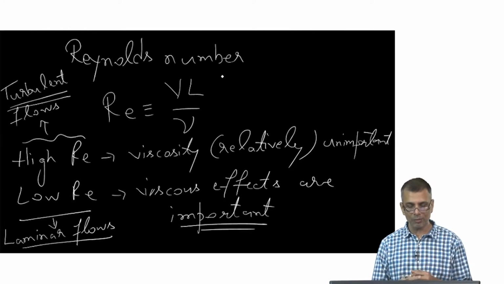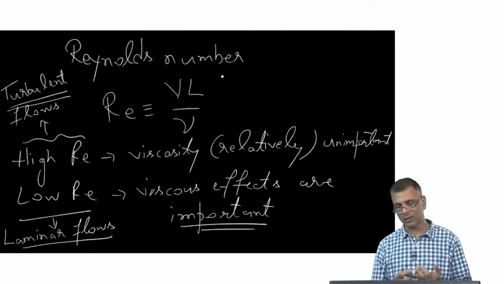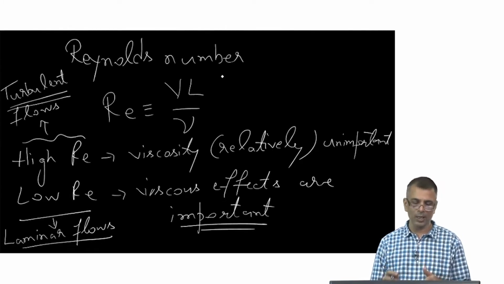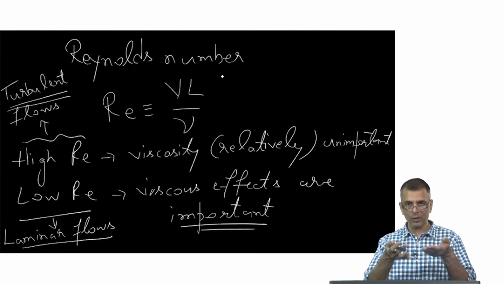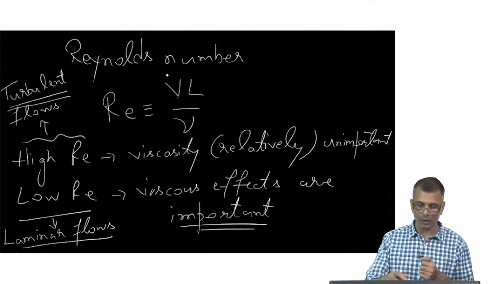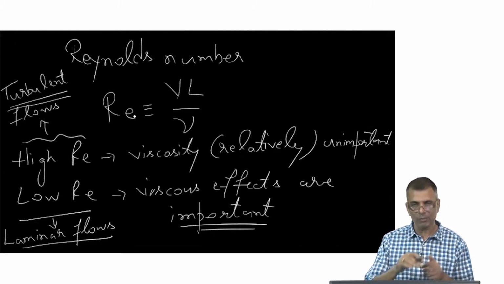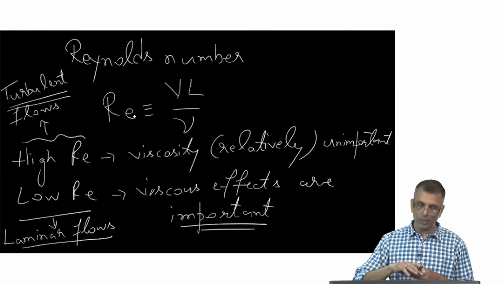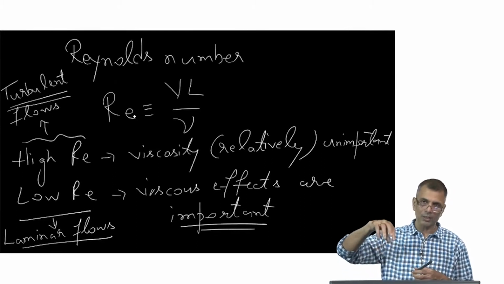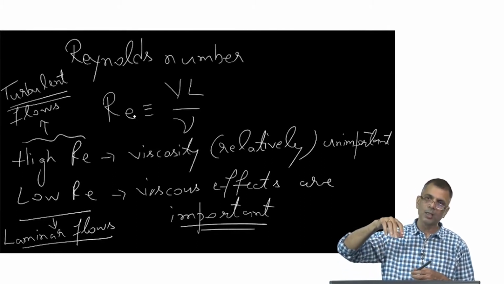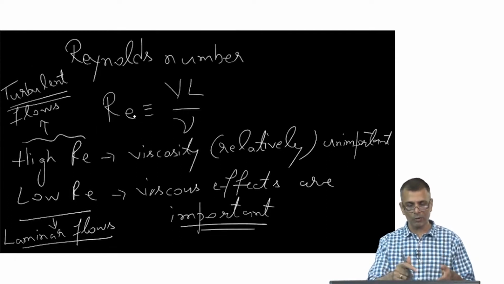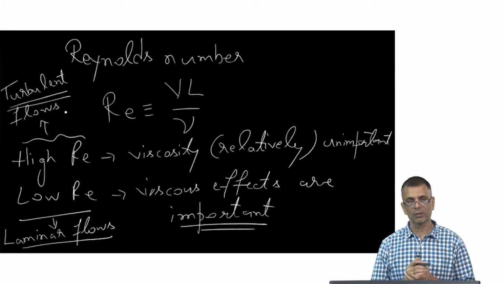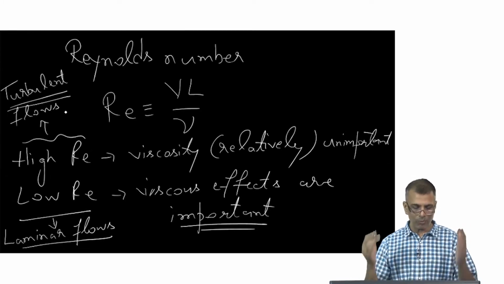Low Reynolds number, viscous effects are important. That's one way of putting it. In everyday experience, the flow is laminar when the velocity is relatively low, so the Reynolds number is also relatively low. But you can increase the velocity by turning the tap on higher, and you can see that the flow transitions to a turbulent flow. So here is one practical example of Reynolds number.